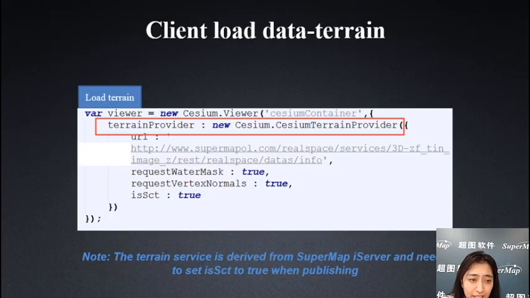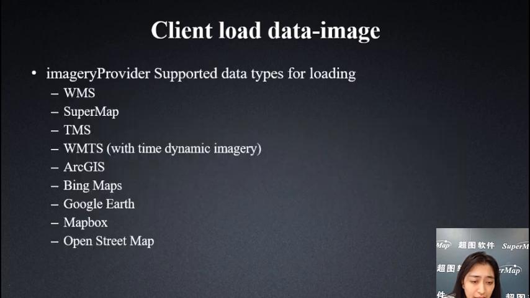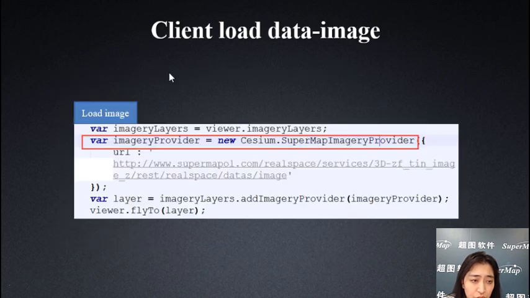Okay, let's come back to our PowerPoint, and I'm going to introduce how to load the image data. The image data uses the SuperMap image grid provider, added in the code.